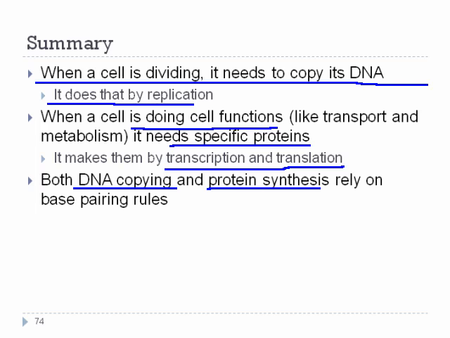Both DNA replication and protein synthesis rely on our base pairing rules, but if anything involves the use of RNA, remember the RNA rules are a little bit different. The Chargaff rules for RNA replace thymine with uracil. So my hope is that that kind of explains some of the material for Chapter 6 and 7.